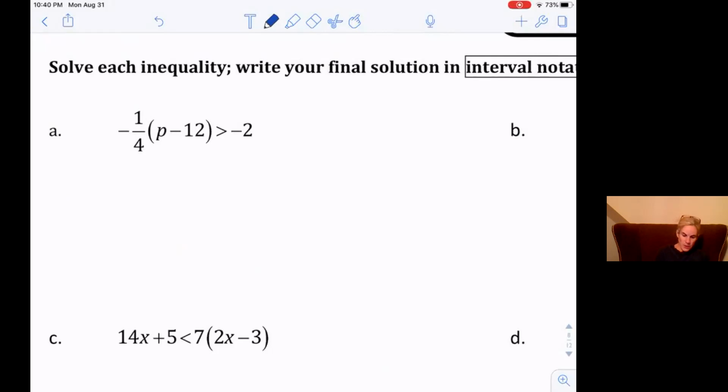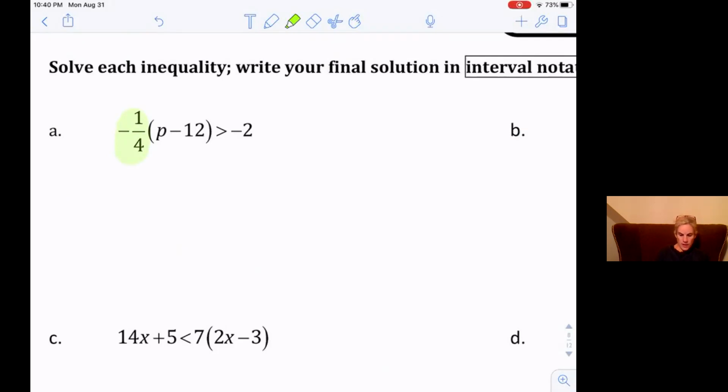So the first thing we want to do is to get rid of this number in front, which is -1/4. It is okay to distribute it, but then you're going to be dealing with fractions. So I would suggest the easiest way to get rid of this is to multiply by its reciprocal on both sides. So the reciprocal of -1/4 is -4/1.